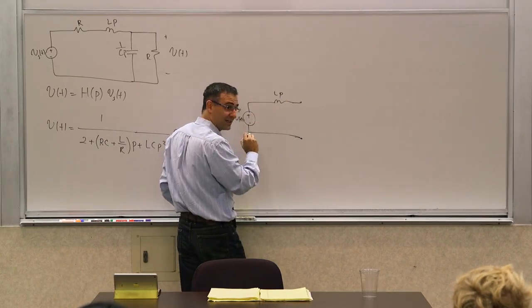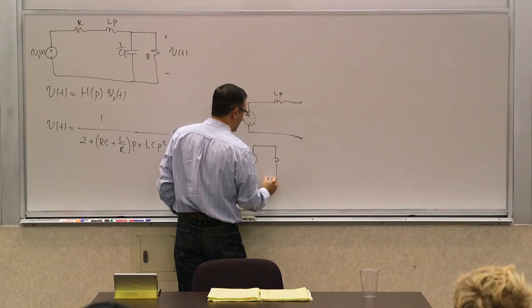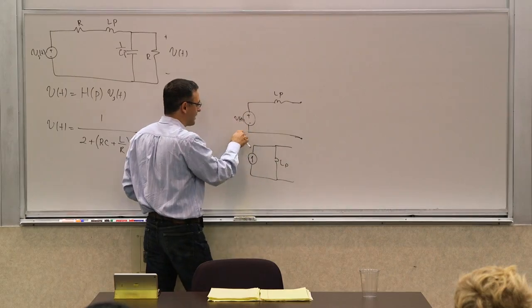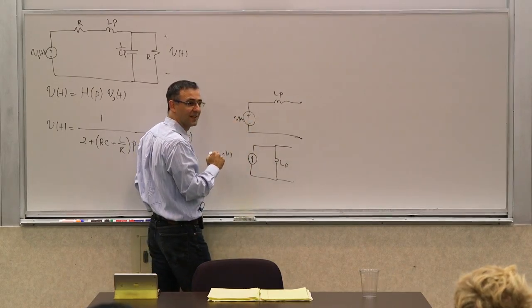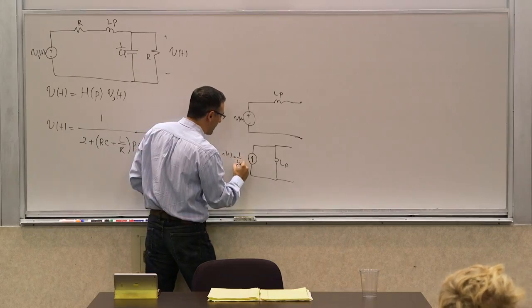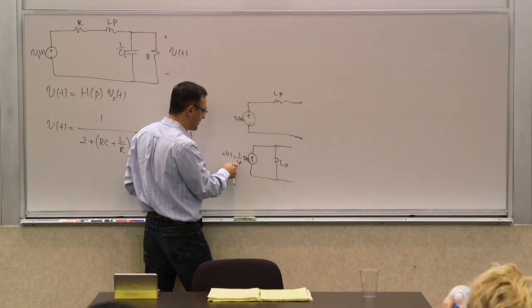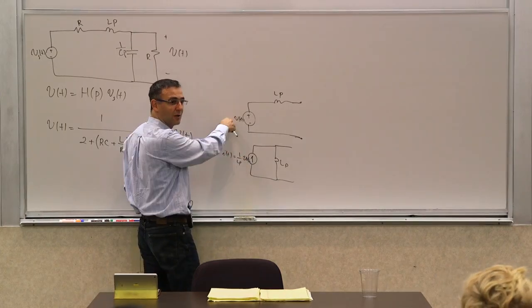Your source also needs to have an operator operating on it. So this becomes Lp. But remember, how do you get this current off of that voltage? Now you have to have 1 over Lp operating on V of t. So your input current would be 1 over L times the integral of that voltage.